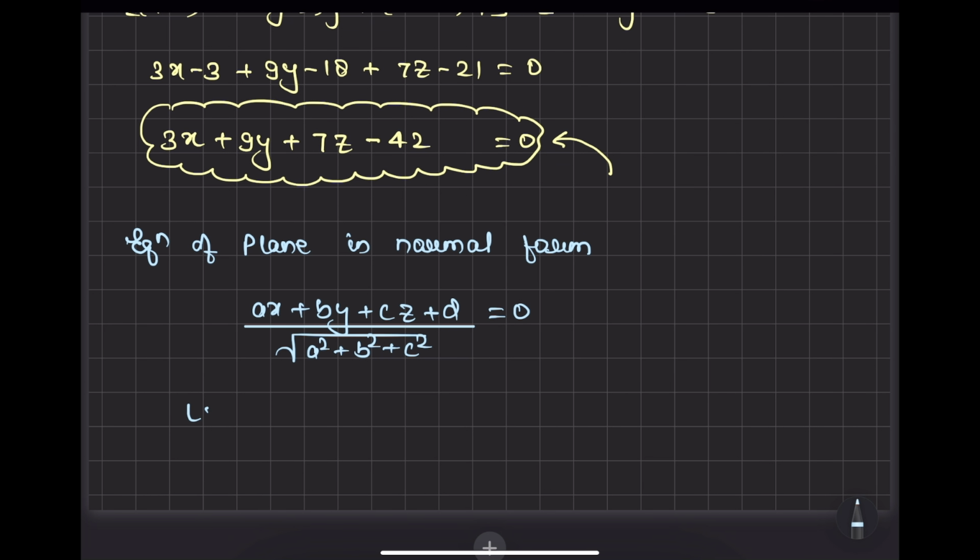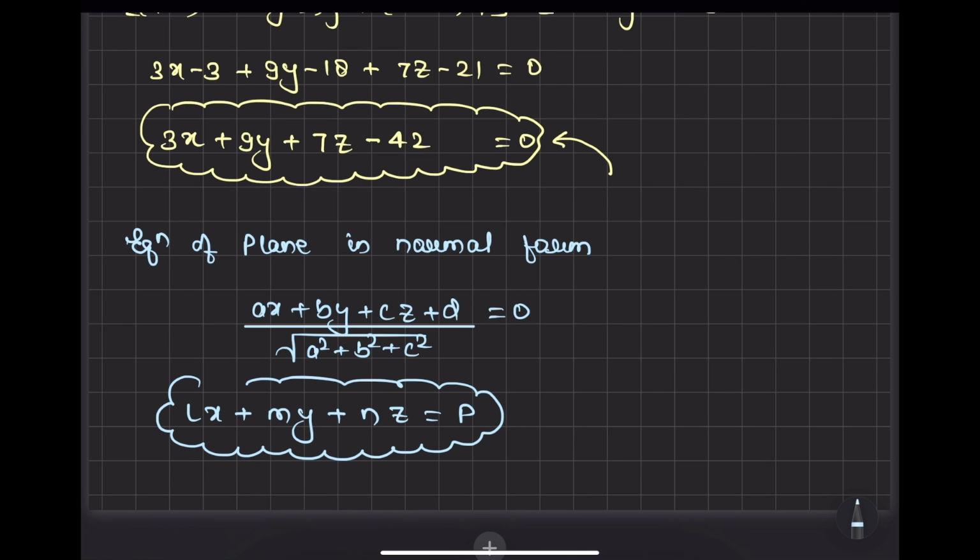So you will get lx plus my plus nz, and then you will have a constant p. I have taken d by root over a square plus b square plus c square. That side it will become minus of d, and instead of writing minus of d, I put p. So this is your equation of plane.